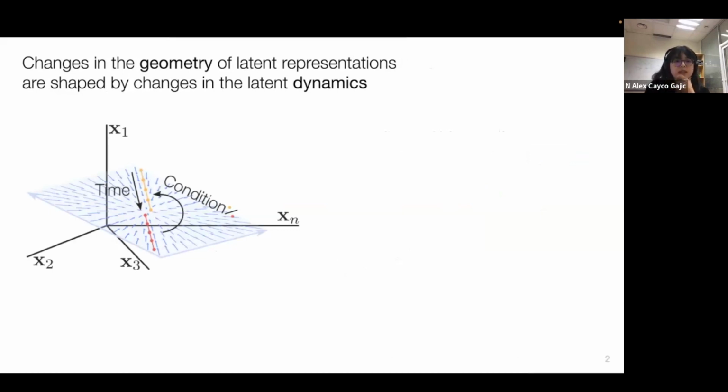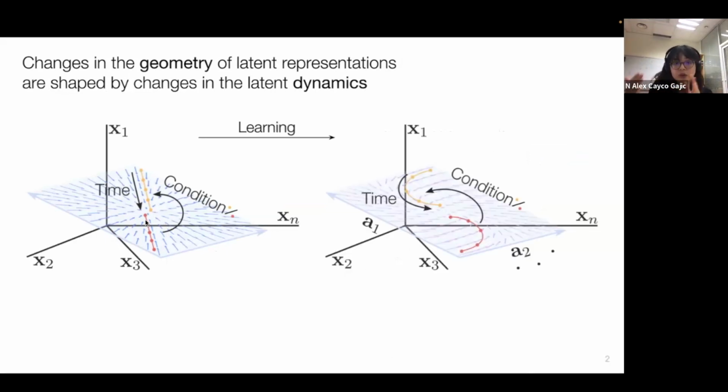So here's an example where we have some straight trajectories that are shaped by a particular vector field. Over the course of learning, those trajectories will change in geometry. So now they become curved, but that's because the vector field is changing in some way in order to shape the geometry of the trajectories.